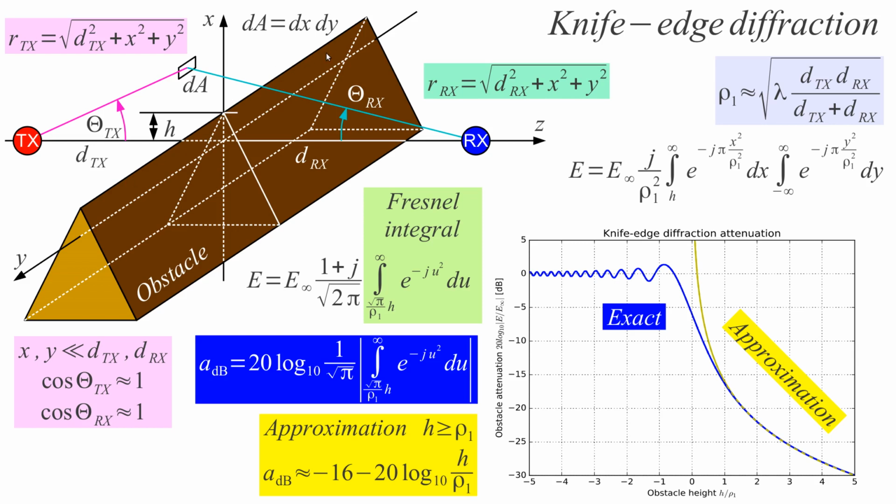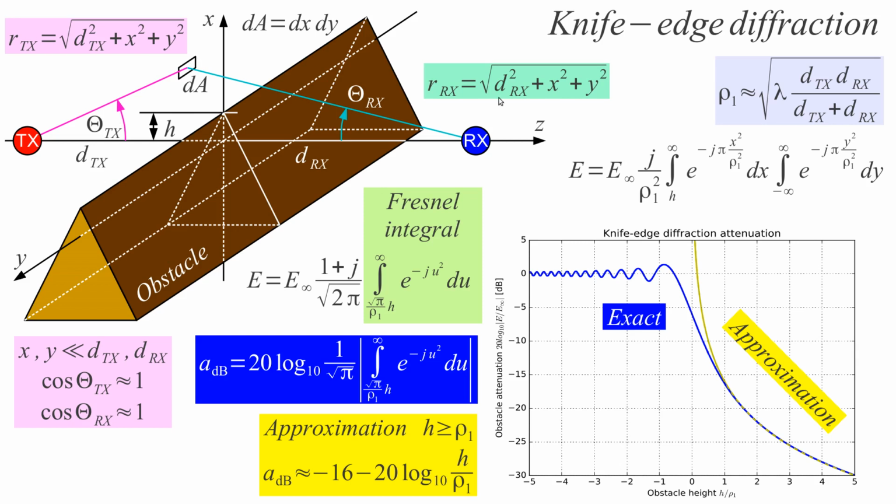How do we do that? In this plane x and y, we put our aperture that goes over the x-axis from h to plus infinity, and over the y-axis from minus infinity to plus infinity. We take this xy plane as the plane of our aperture, but our aperture is partially shaded by the obstacle.